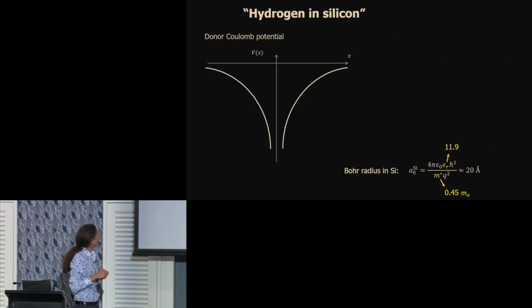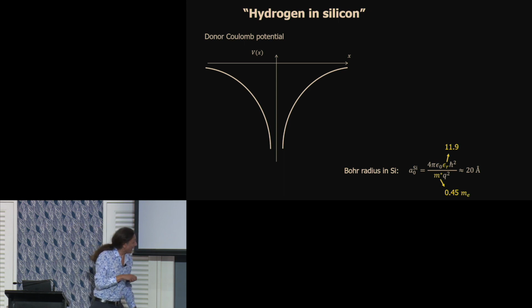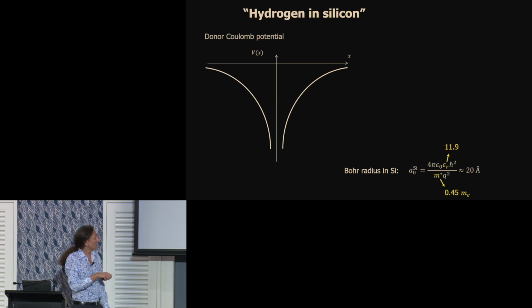So what happens then? Well, first of all, the Bohr radius will change. Okay? The dielectric constant of silicon is nearly 12, so that will go there in the numerator. And the effective mass is half the electron mass. So approximately the Bohr radius of this hydrogen atom, so the phosphorus atom in silicon, is about 2 nanometers or 20 angstroms. So it's bigger.